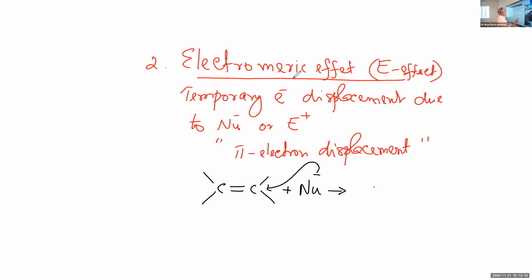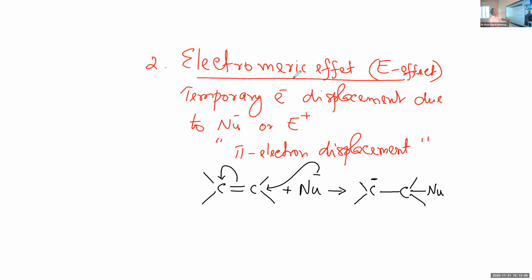So there is a change like this. Here there is the attachment of the nucleophile, and here the negative charge. The negative charge will be on the neighboring carbon atom. The electron pair is shifted to the neighboring carbon atom, because the nucleophile is having a negative charge.